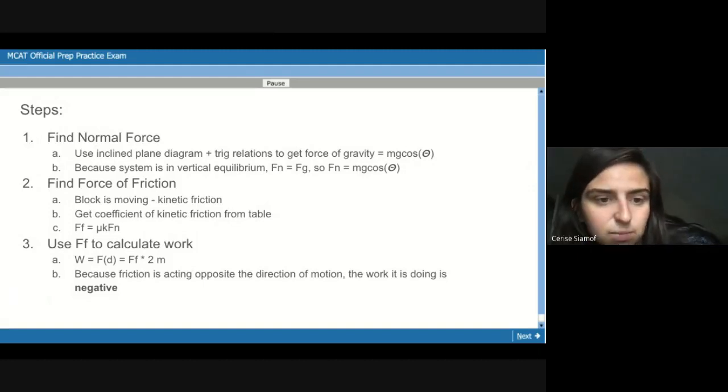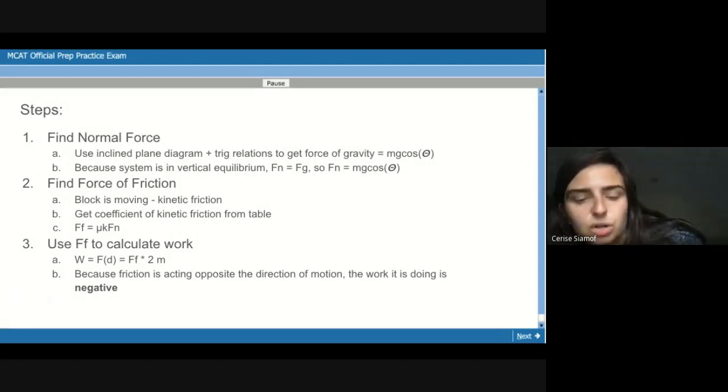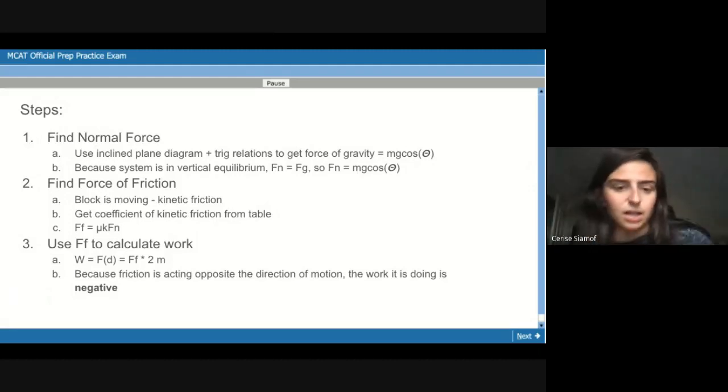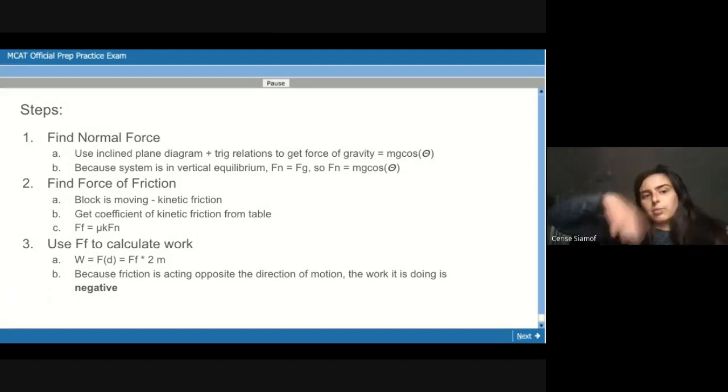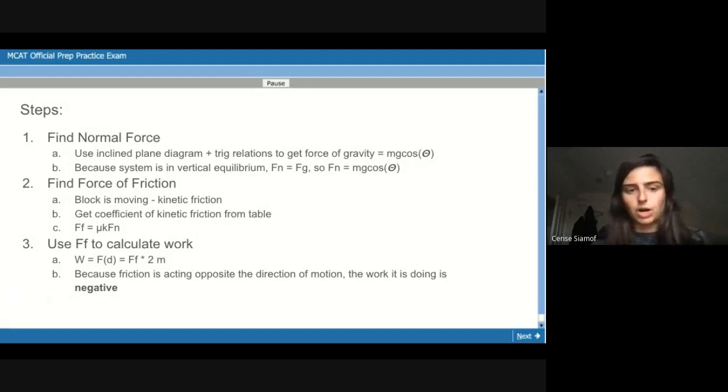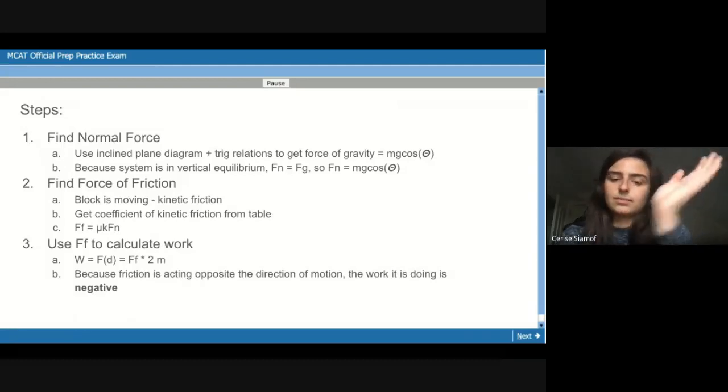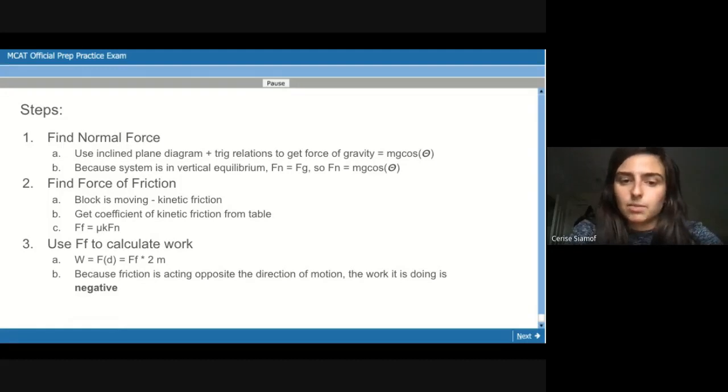And because the system is in equilibrium relative to the plane of the inclined plane, it's not moving up or down, it's just sliding towards the ground, we know that Fn must be equal to Fg perpendicular to the inclined plane. So that means it's also mg cosine theta.